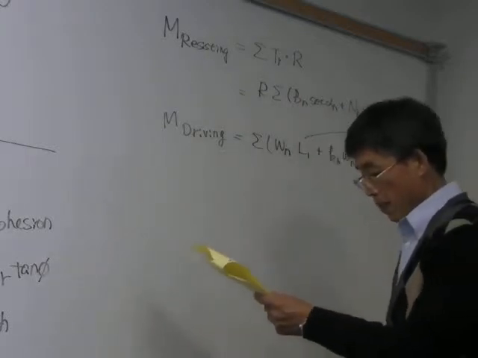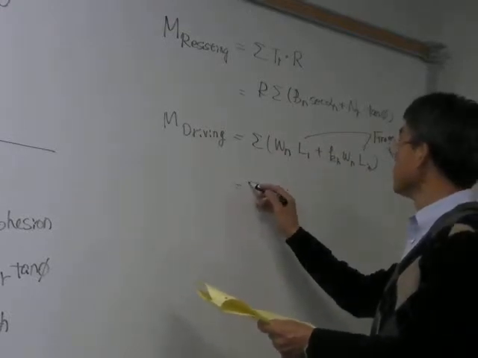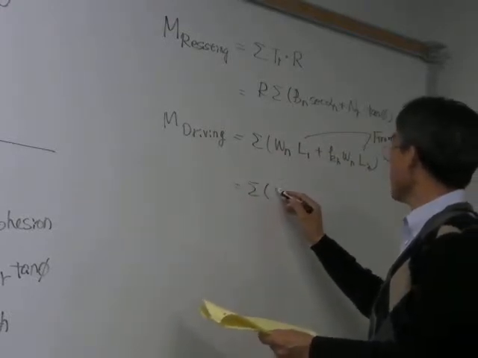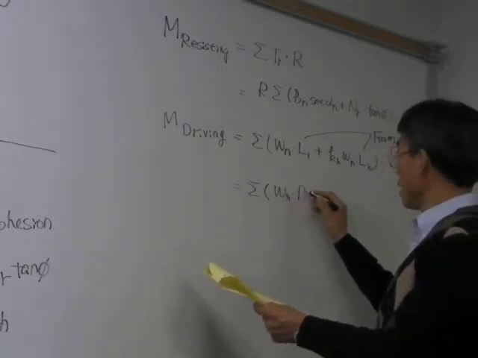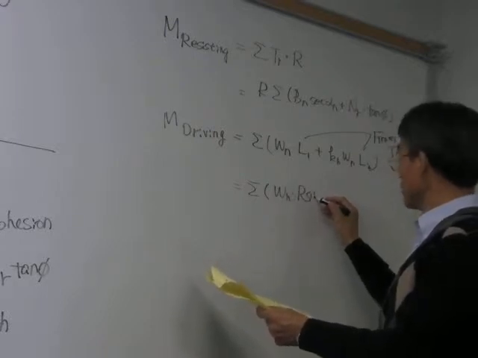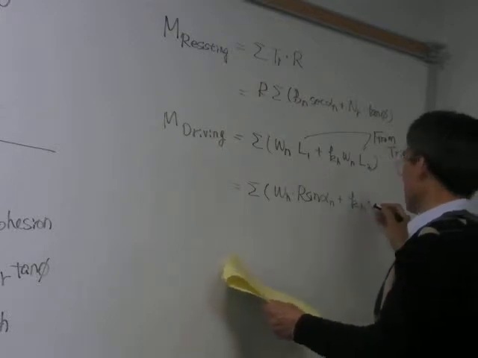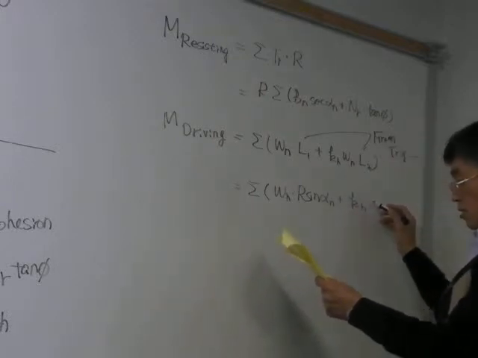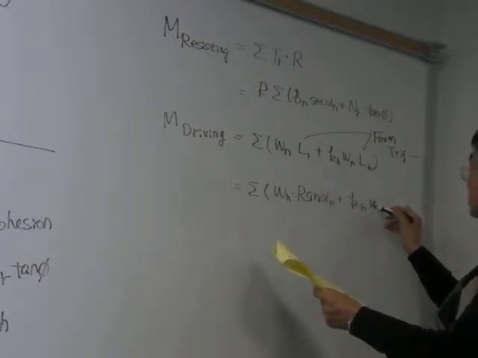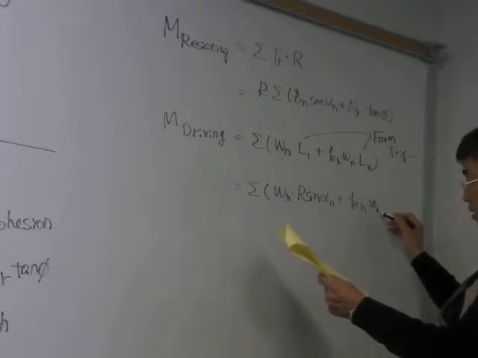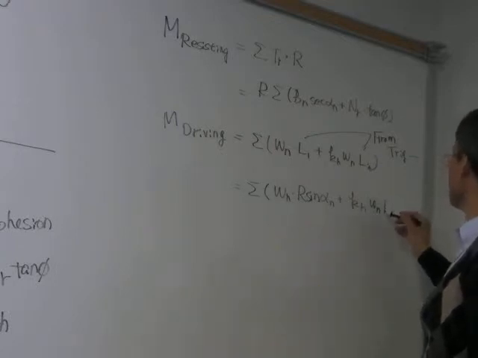What you will find is that L1 and L2 can be expressed as sine alpha n plus kh Wn times L2.